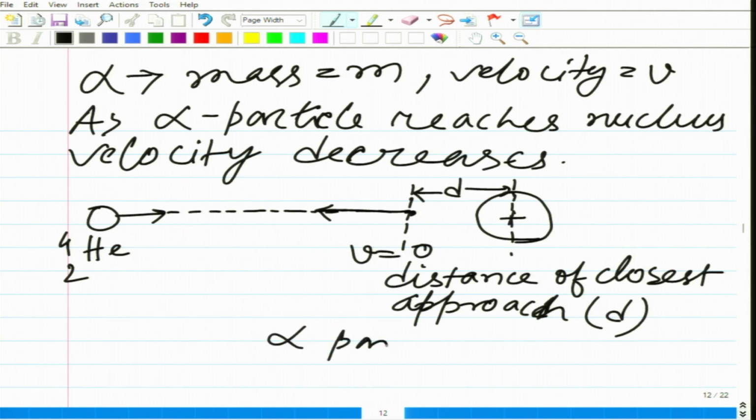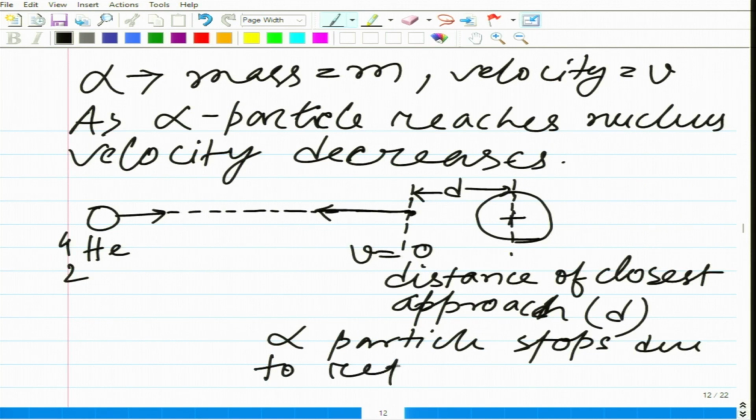The alpha particle stops due to repulsion. We will next see its derivation.